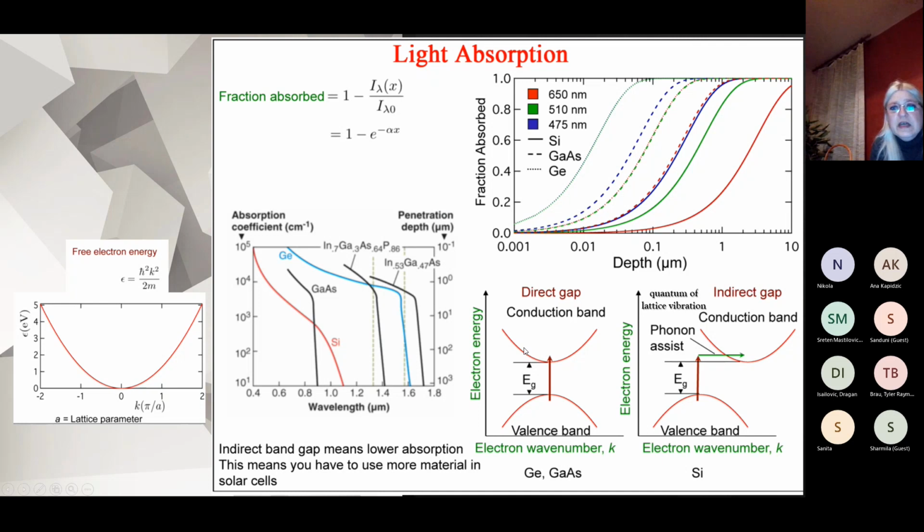And if we represent the conduction band here, we're going to have some parabola with a minimum, and this is the minimum of the conduction band, at some value of momentum. And for the valence band, we're going to get completely the same behavior, just this parabola will be opposite.